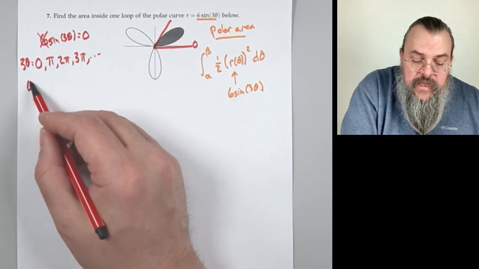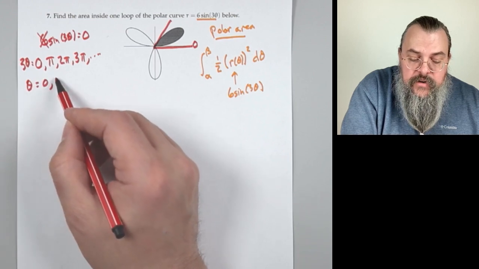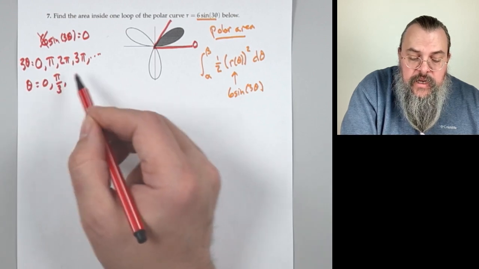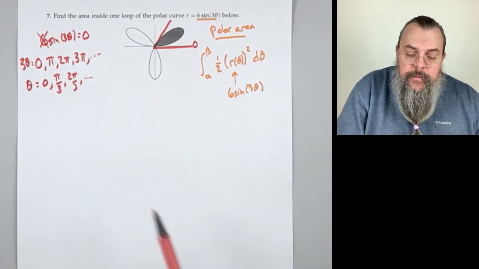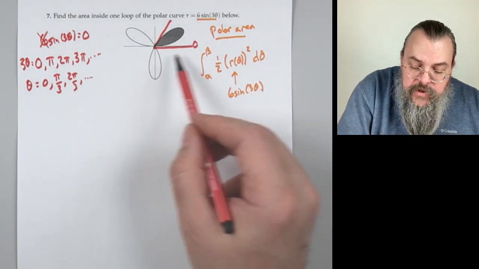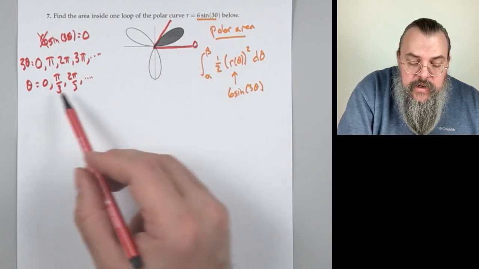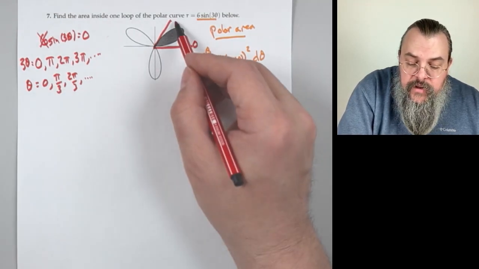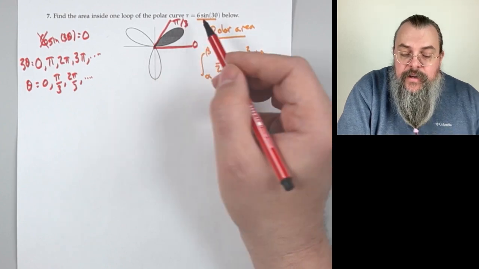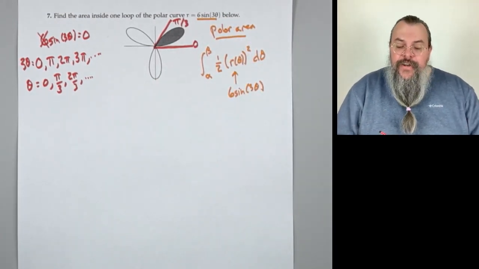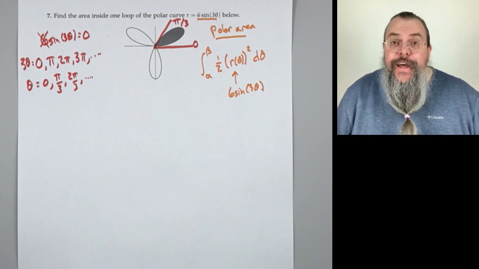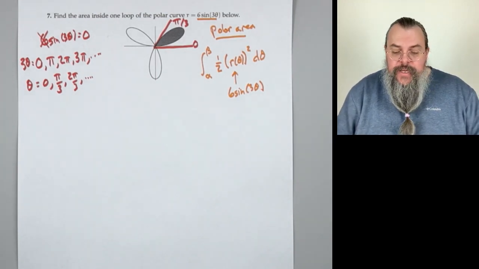So theta, when it happens, is 0, pi over 3, 2 pi over 3, and so on. And so 0, okay, that's the one we see there, and pi thirds, that's this one. 60 degrees. That looks right. So, good. We're cooking now. We're cooking with gas, so to speak.